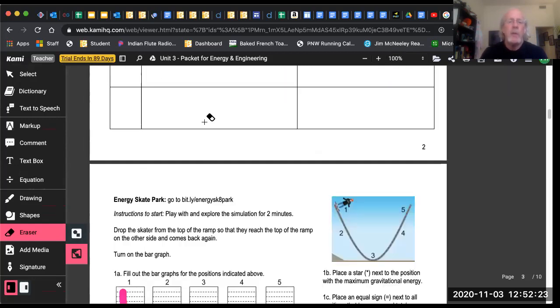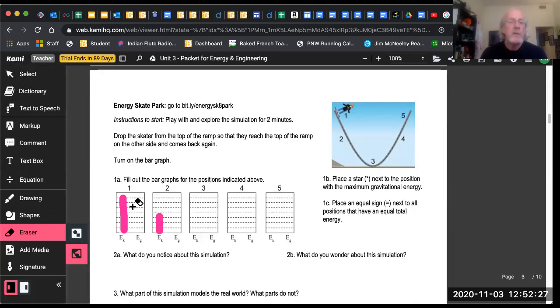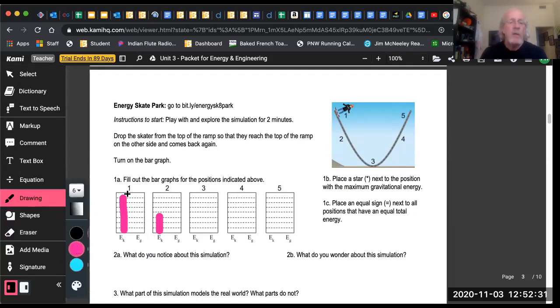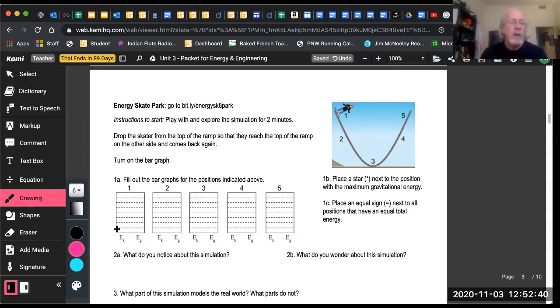Way up at the beginning, you were going to be working on the skate park. As an example, as the girl comes down, her kinetic energy in position 1 is very little. In position 2, it gets a little bigger.